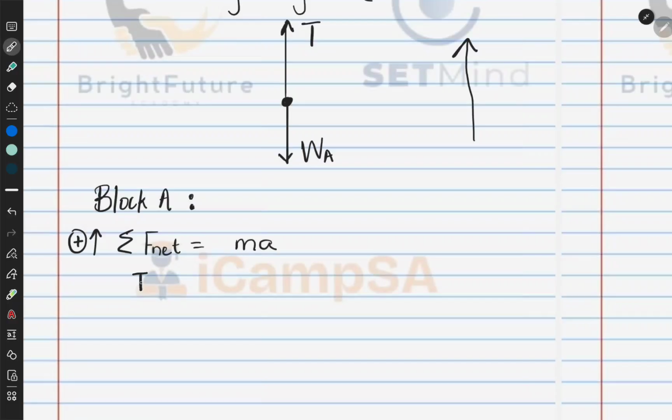I have T going up, so it's positive, plus I have weight, it's going down, so it's negative, equals m times acceleration. This block is moving upwards because it's block A. As block B moves downwards, it drags block A upwards, right? You should see that. So since my acceleration is also upwards, I will make it positive here.